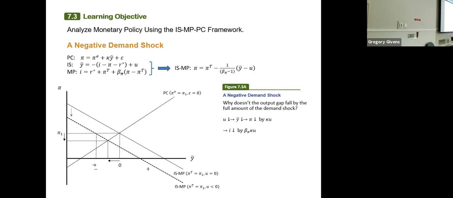It's going to go down by beta pi times the change in inflation, which was kappa U. So the nominal interest rate falls by beta pi times kappa times U. Everybody got that? Okay. Now, how does that change in the policy setting feed back into the IS equation? Because the interest rate is in the IS curve.